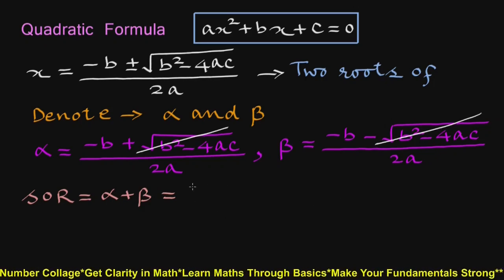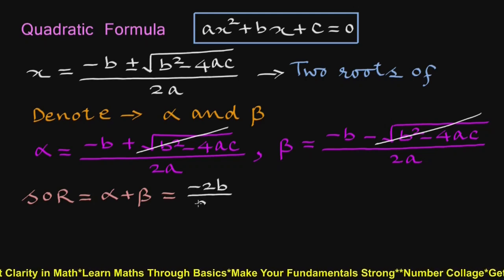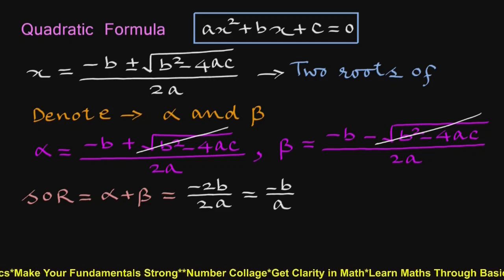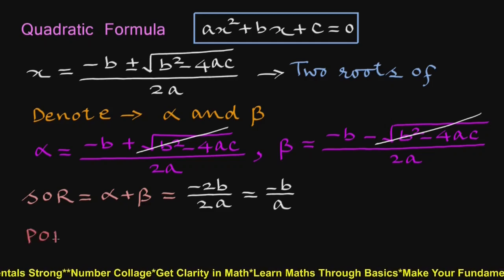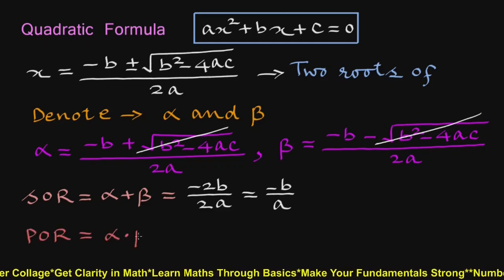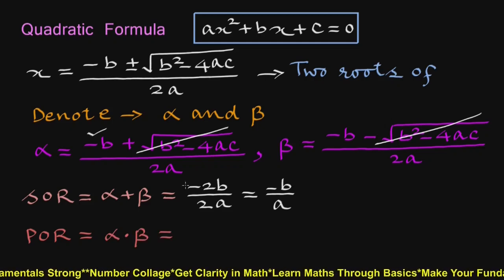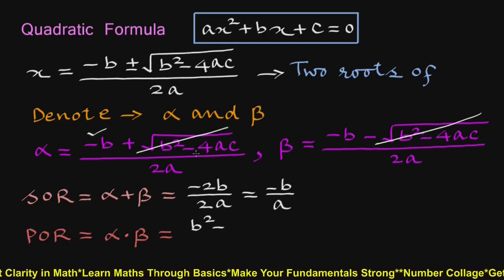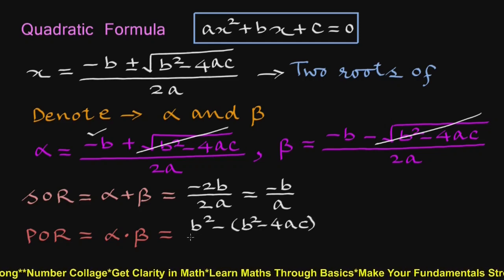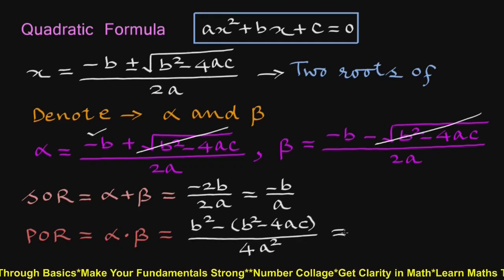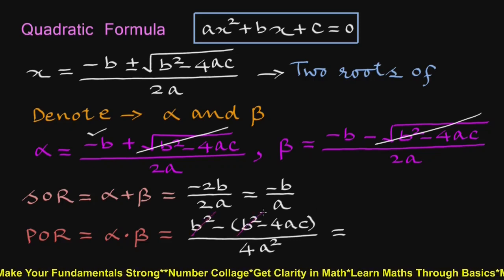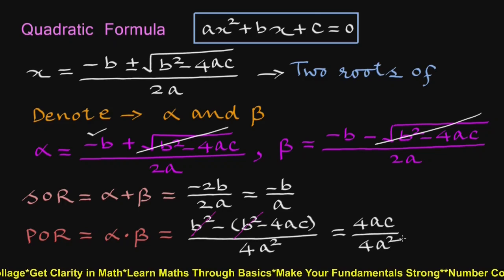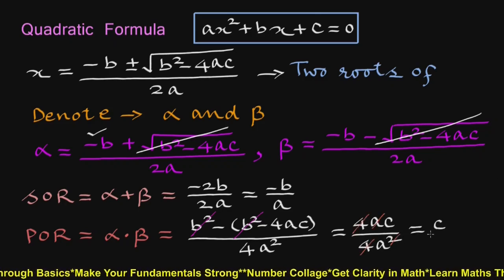This will be minus 2b upon 2a or minus b upon a, and the product of two roots, POR, will be alpha into beta, which is minus b whole square minus b square minus 4ac upon 4a square, which will be b square minus b square 0, 4ac upon 4a square, this will be c upon a.